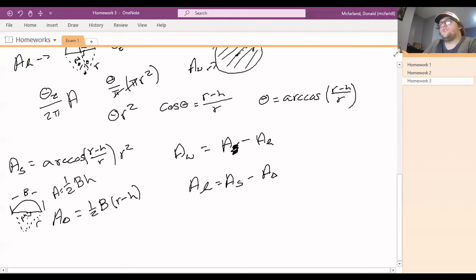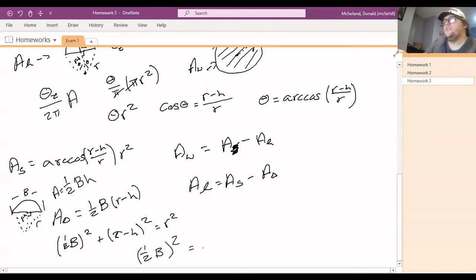So notice, since these are right triangles, we can apply the Pythagorean theorem to it. And since this is equal on both sides, you can say this side will be 1/2 b. So we have 1/2 b squared plus r minus h squared equal to r squared. Let's move this to the other side, and we're left with 1/2 b squared equal to r squared minus r minus h squared.